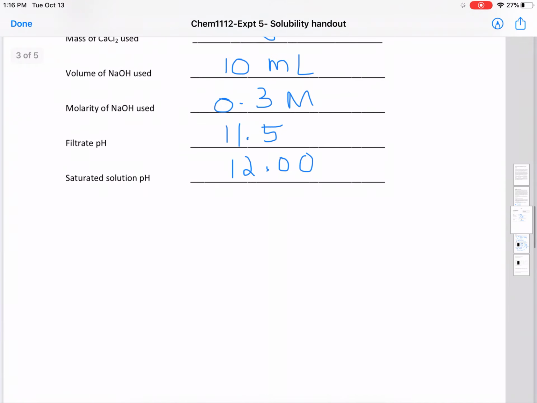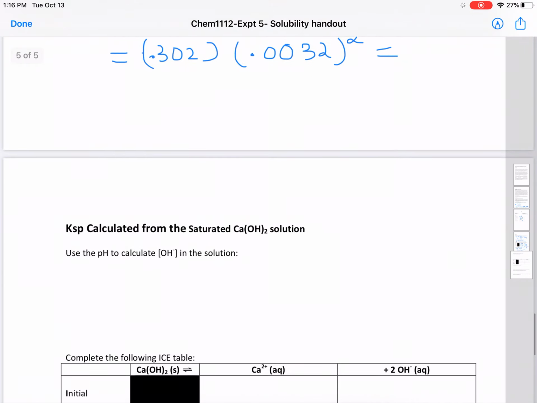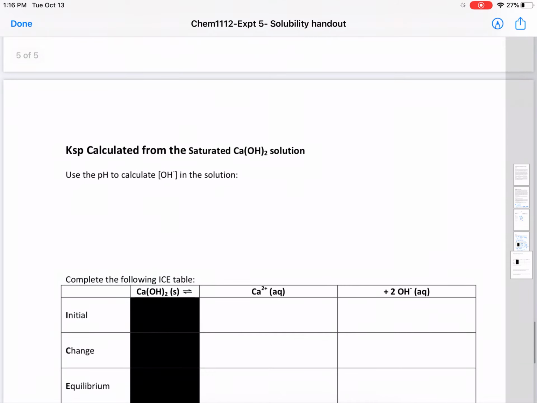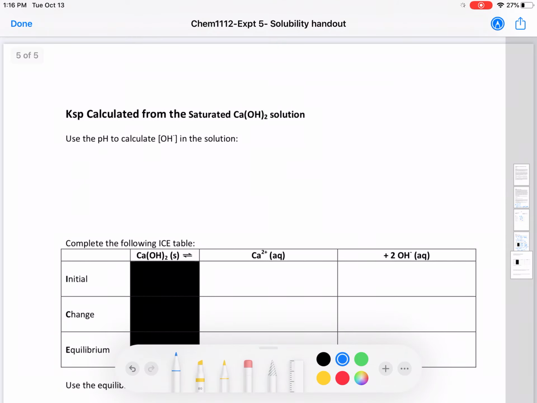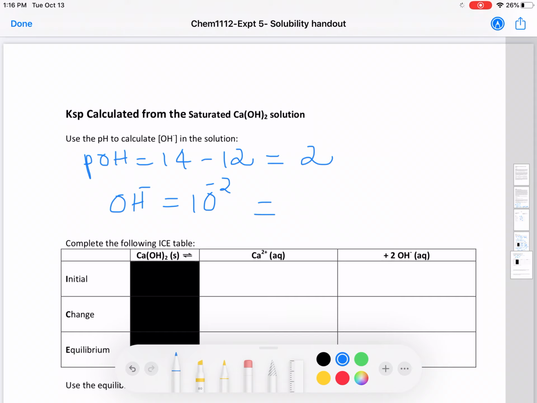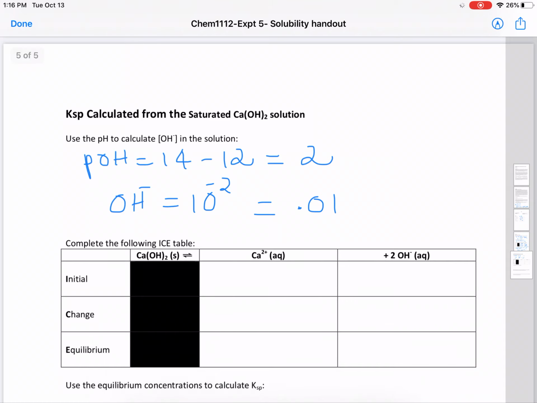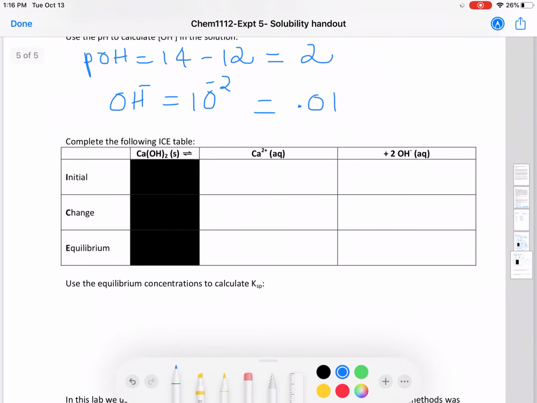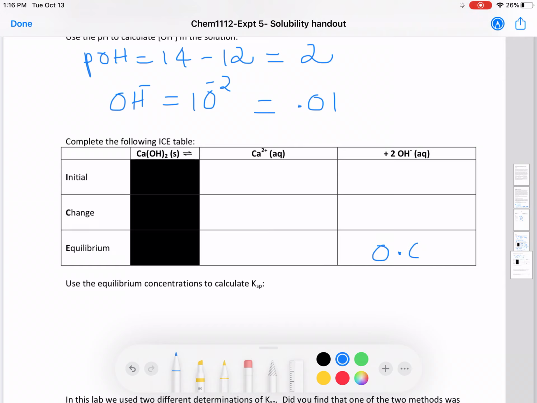So the saturated solution pH is 12. So we can find out the hydroxide ions. How? By using pOH equals 14 minus 12, which is 2. So hydroxide would be 10 to the negative 2, which is 0.01, right? That's the equilibrium concentration of hydroxide ions, which you can put here, 0.01.